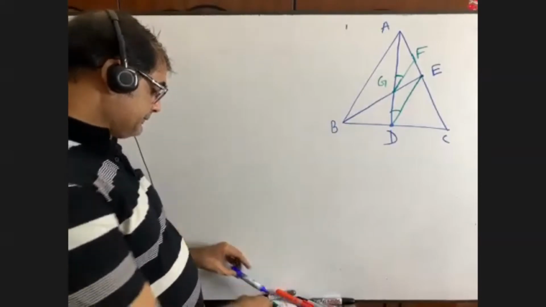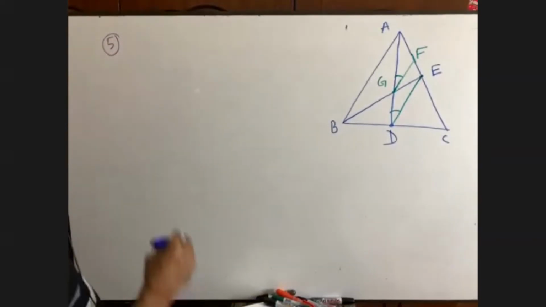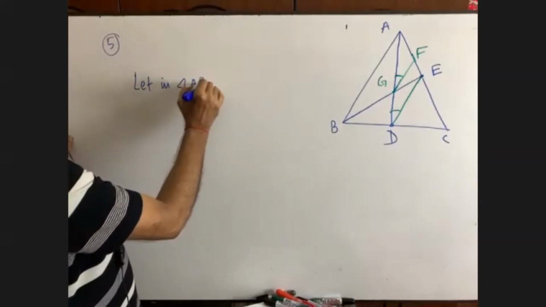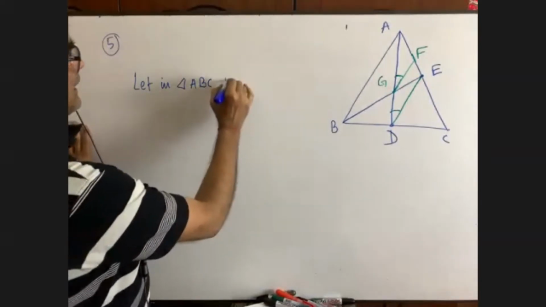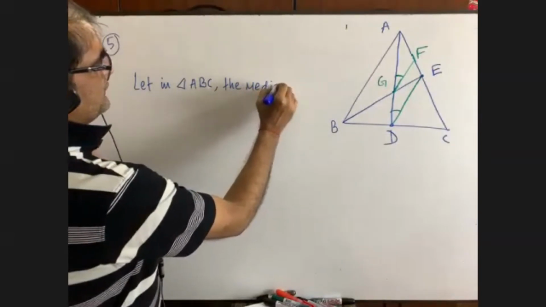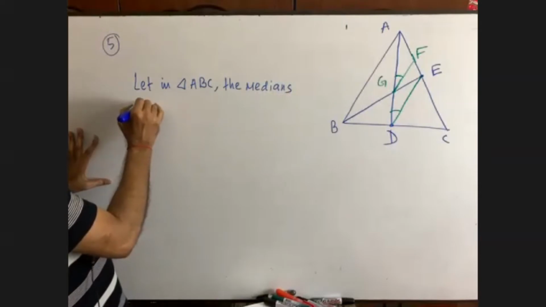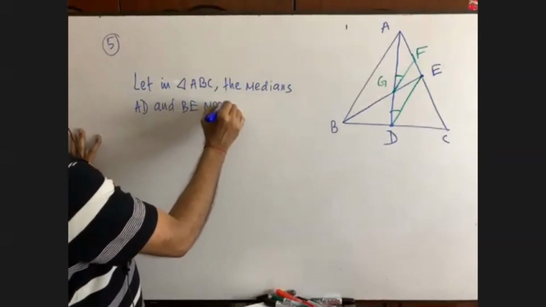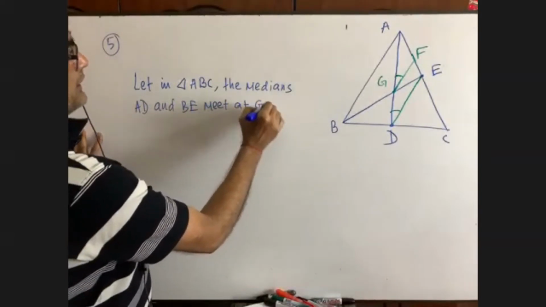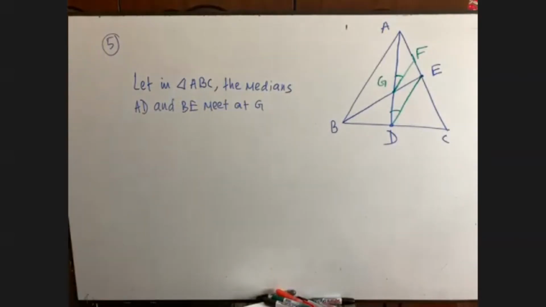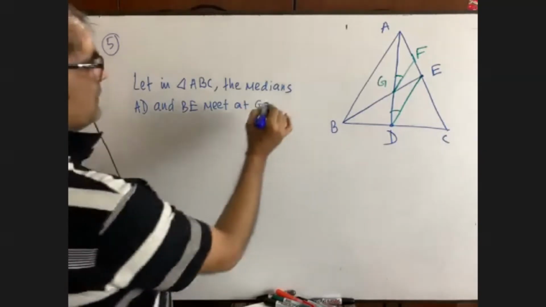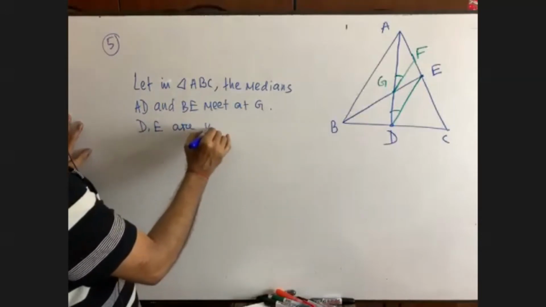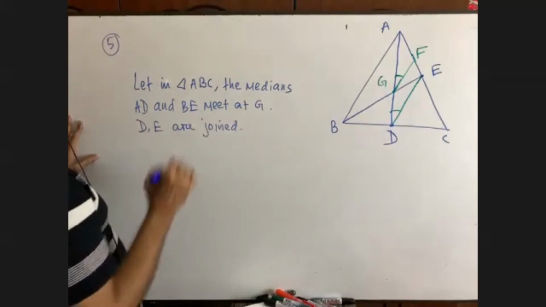Write down, let in triangle ABC, the medians AD and BE meet at Z. D, E are joined.